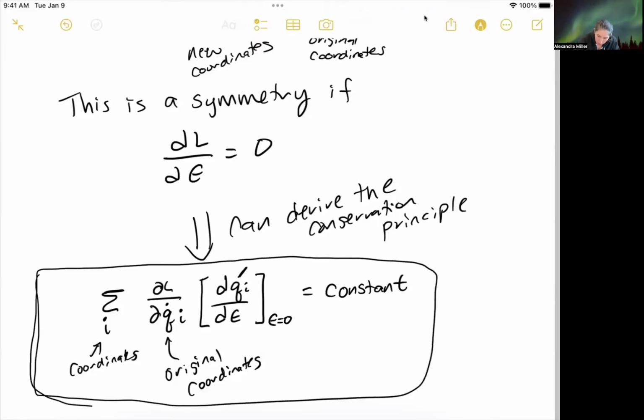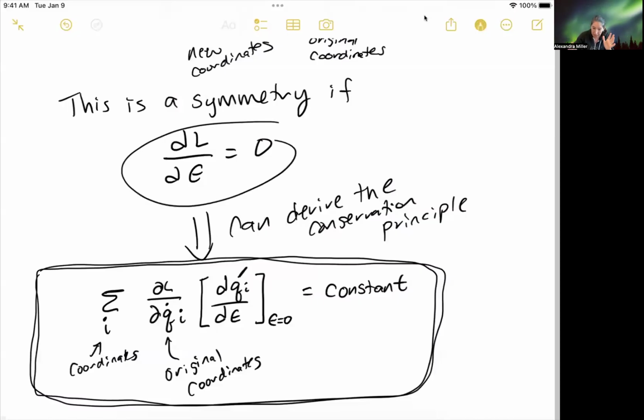And all that it comes from is we start with assuming you're given some transformation, which tells you Q prime, a new set of coordinates, written as a function of our original coordinates plus some small parameter epsilon. I give you that transformation and you plug it into your Lagrangian and show that the Lagrangian does not change with respect to that small parameter epsilon.